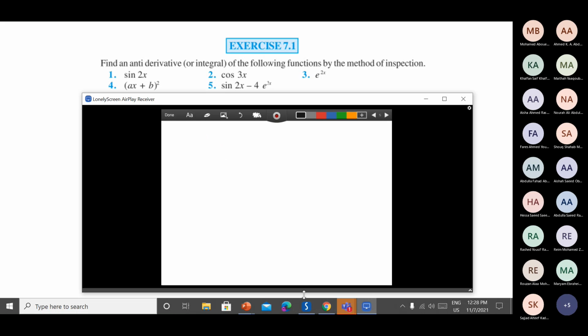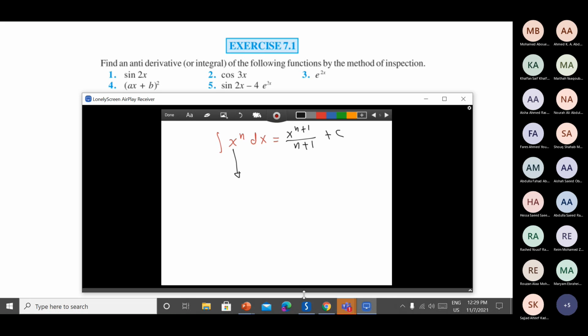I'll give you a nice way to do this one. If you know the integration of x to the n dx, it is x to the n plus 1 over n plus 1 plus the constant, right?